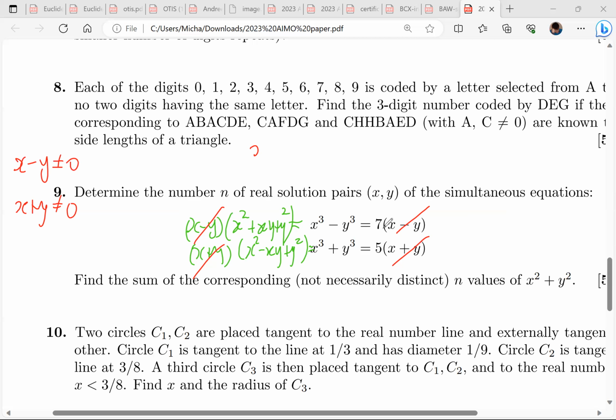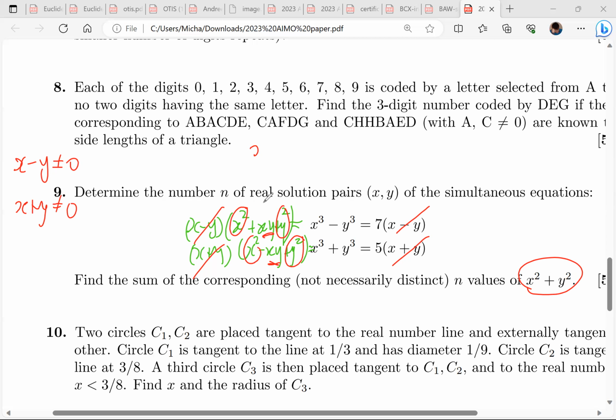And here the question kind of gives you a hint, because the question is asking you for this. So you might think of this as separate to the xy, so you have two equations in two unknowns, and your unknowns just happen to be x squared plus y squared and xy.